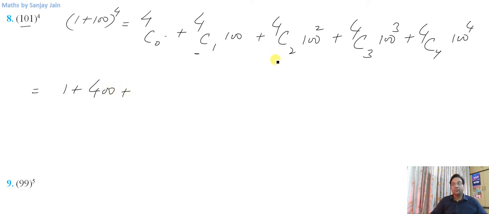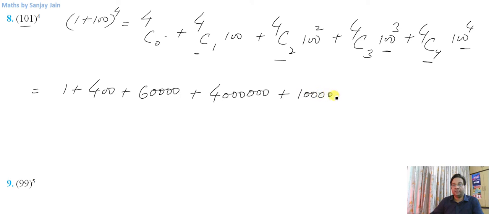This is 4 into 3 by 2 into 1, so 6 into 4 zeros, right? 100 raised to power 2 gives me 4 zeros in the end, plus 4c3 is 4c1, which is 4, and there will be 6 zeros after 4, 1 2 3 4 5 6, plus this will be 4c4 is 1, 100 raised to power 4 is 1, followed with 8 zeros, 1 2 3 4 5 6 7 8.